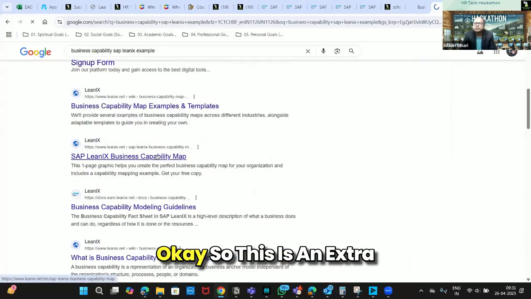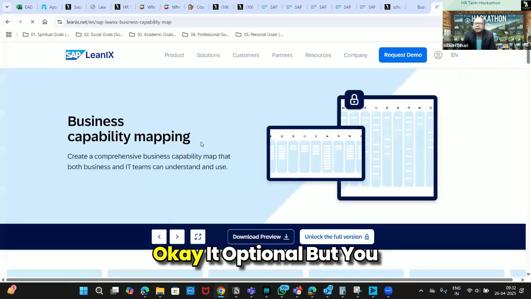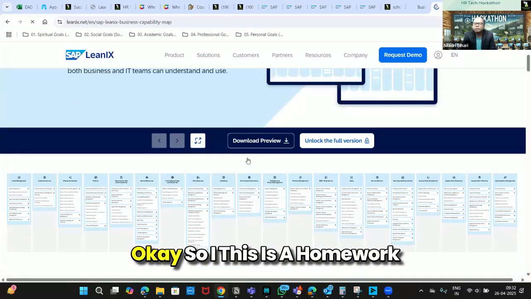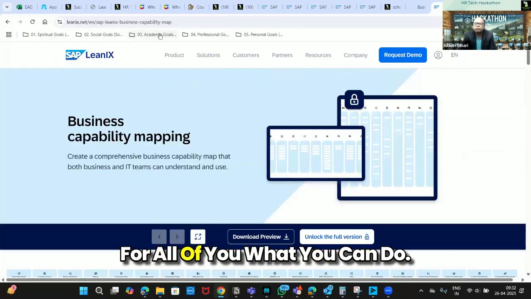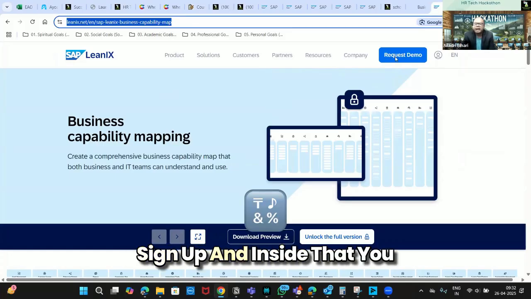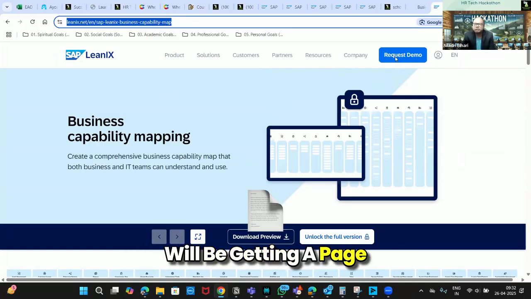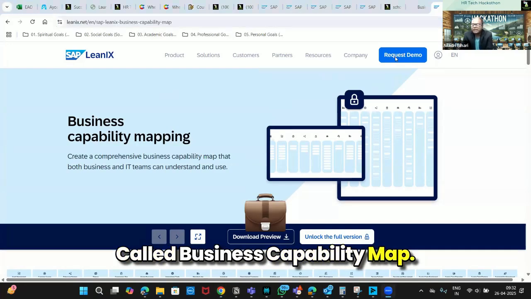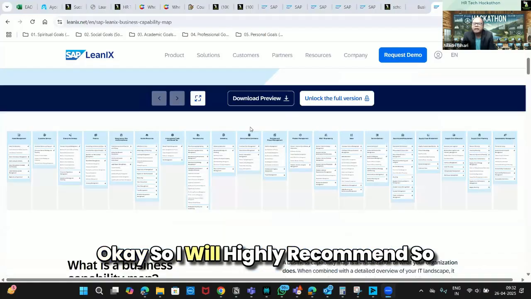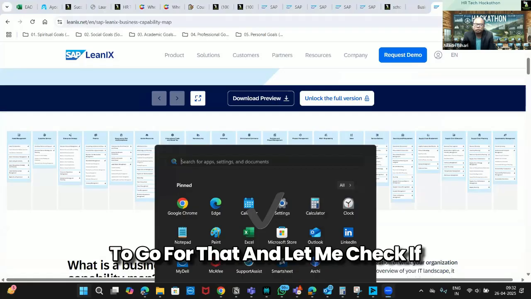This is extra learning for you. It's optional, but you will be able to download it. This is the homework for all of you: go to this site, sign up, and inside you will find a page called business capability map. HR is, by the way, one of the business capabilities. I highly recommend going for that.